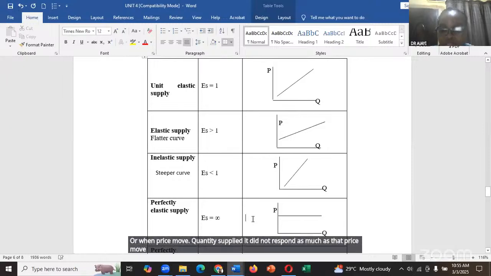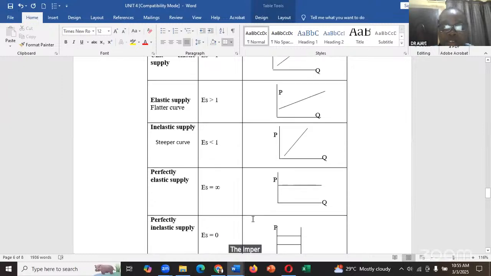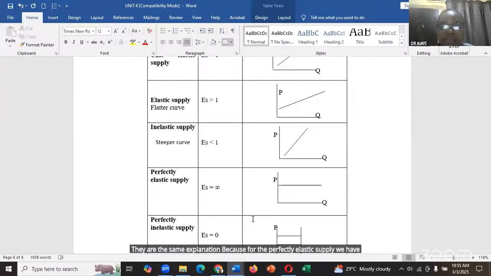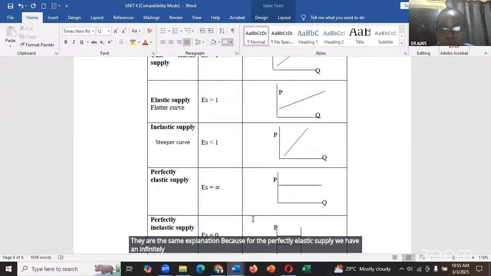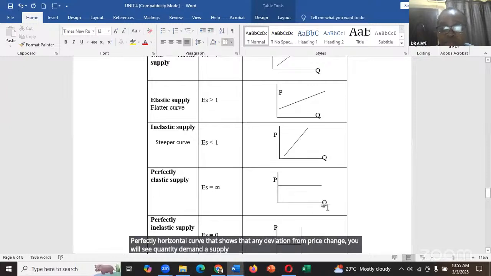And like that of demand, the perfectly elastic supply and perfectly inelastic supply have the same explanation. For the perfectly elastic supply, we have an infinitely elastic curve, a perfectly horizontal curve that shows that any deviation from price change, you will see quantity supplied responding.